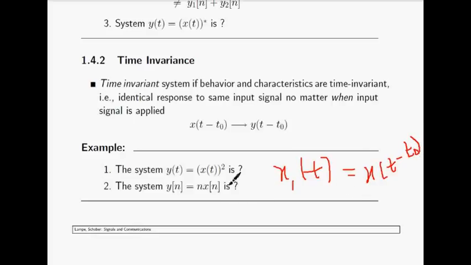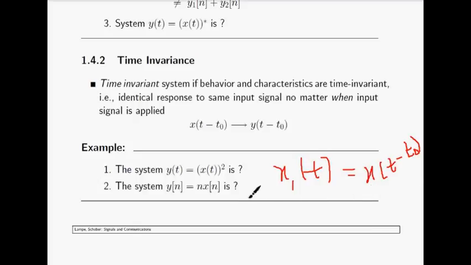Then find the output corresponding to x1(t). In this case, the output y1(t) equals x1(t) squared, and the equation will be x² of (t minus t naught).